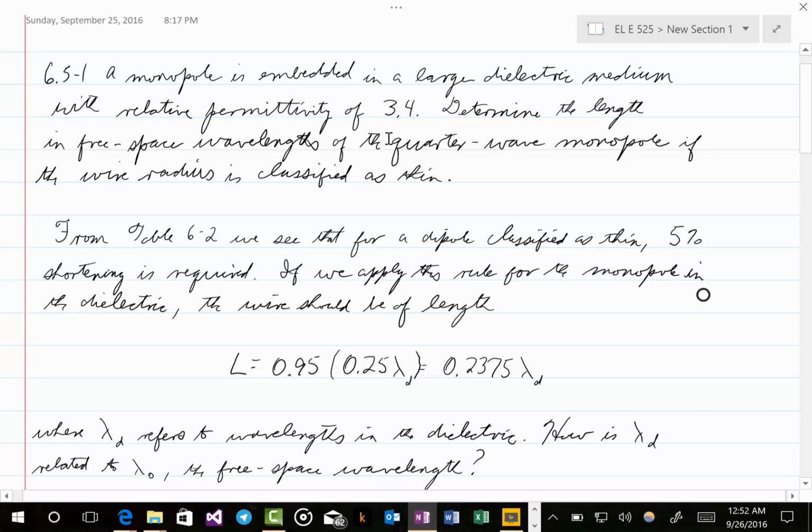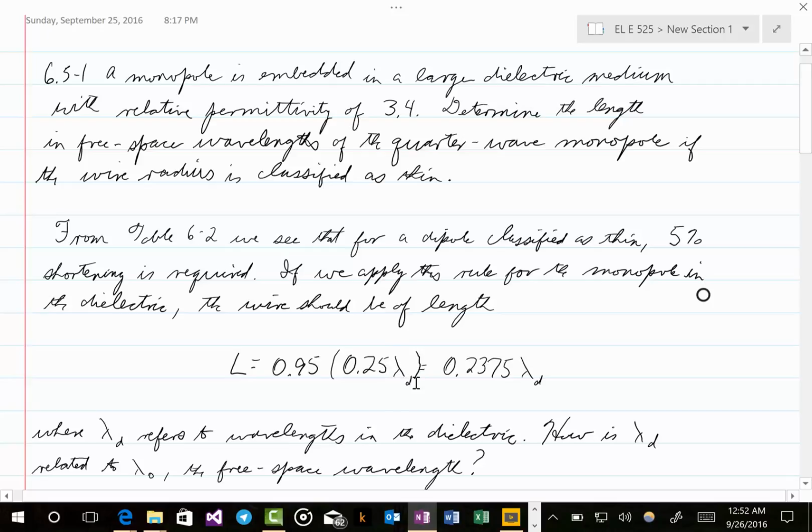So in other words, if it were infinitely thin, then the length would be lambda over 4. But since it's classified as thin rather than infinitely thin, we want it to be 95% of that length. So the proper length should be 0.95 times 0.25 lambda.